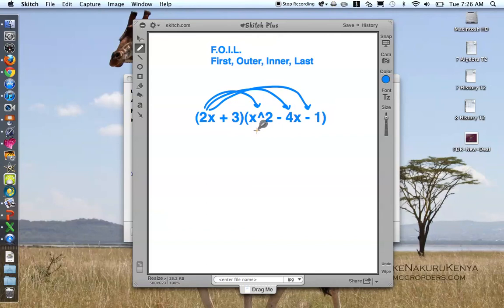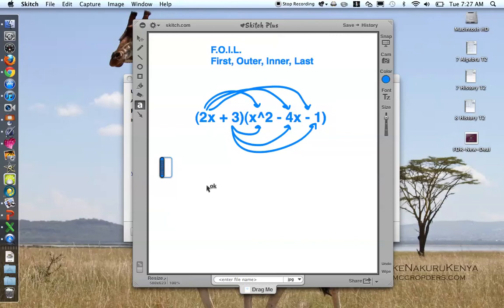And then, once you do that, we'll take the next term, the positive 3, and multiply it by x squared, and then by negative 4x, and then we'll take the positive 3 and multiply it by negative 1. And there are the 6 different things you have to multiply together to get to the answer. So let's do that and simplify it to get to our final answer.